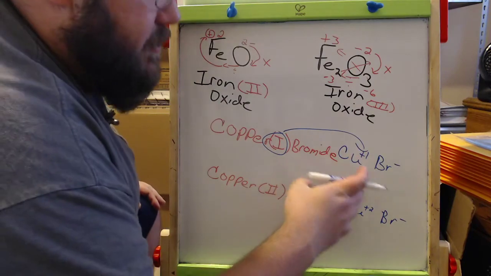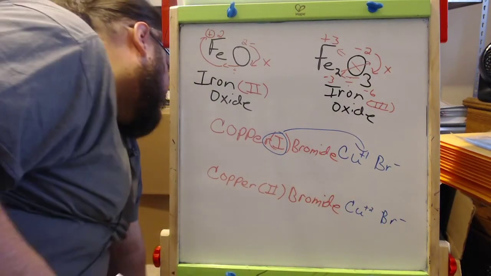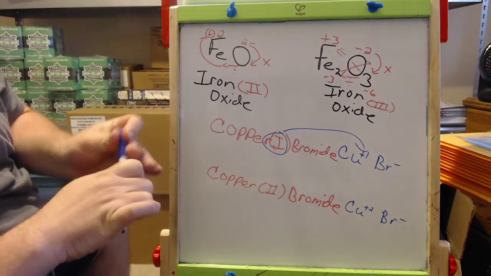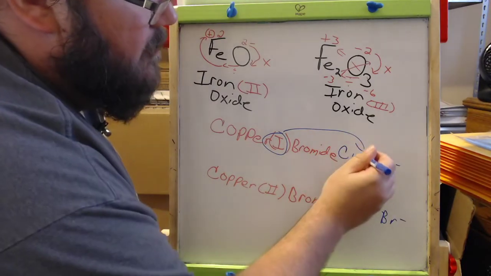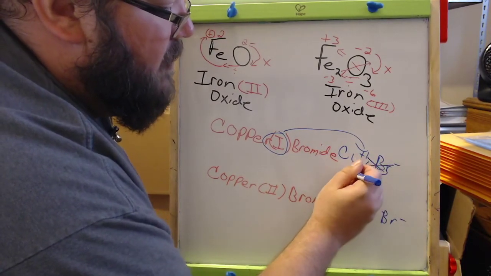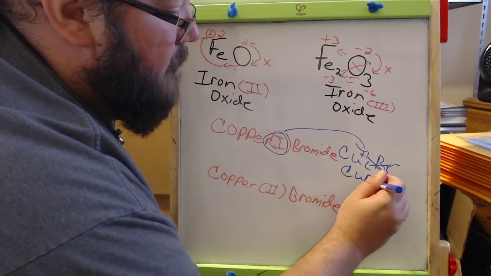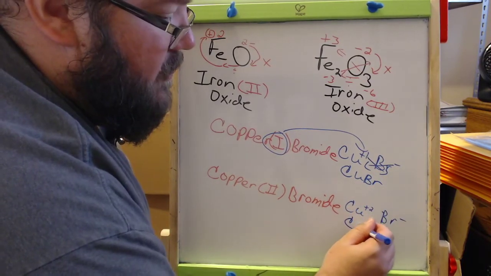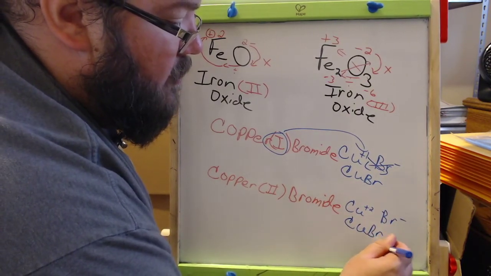Now do your crisscross. Do your crisscross. Down, down. CuBr. CuBr2.